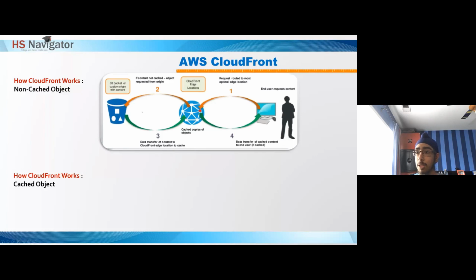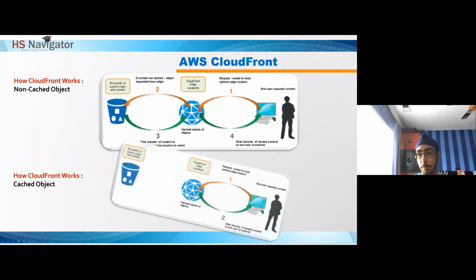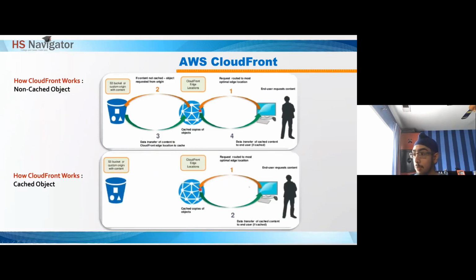So it takes 4 steps on the first transaction. But from then on, if any other user wants to access that content, all they have to do is go straight to the edge location and straight back. They don't have to go through all the convoluted steps from the edge location to the bucket and the bucket back. They can go straight to the edge location and straight back at a much faster speed than would normally be possible.